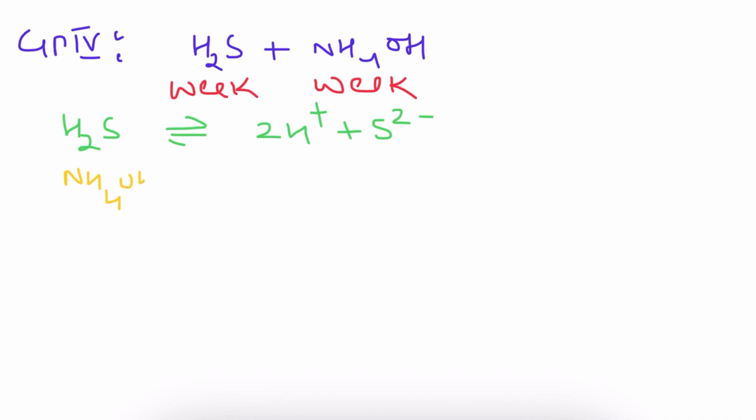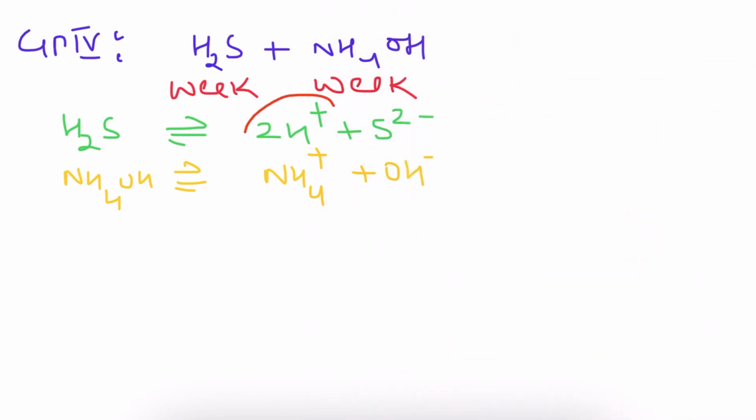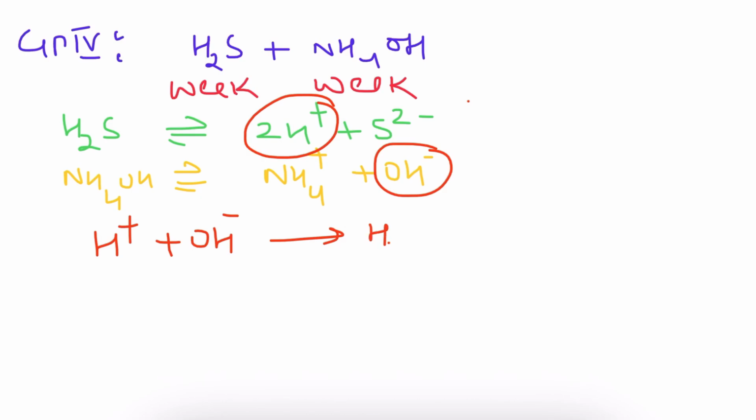NH4OH produces ammonium and hydroxide. None of the ions is common here. But we have H plus and OH minus. These H plus and OH minus combine with each other to form H2O.